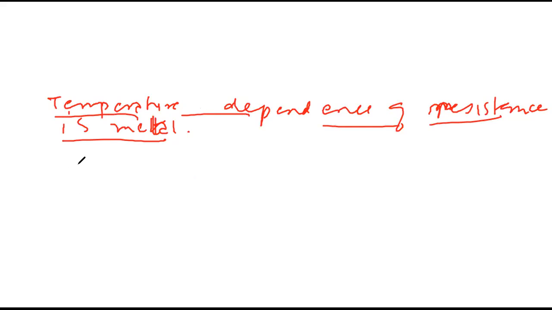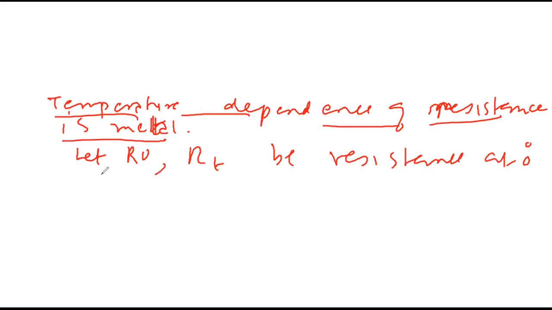So if length is increasing, resistance will increase. If I take R0 and RT as resistance at 0 degrees Celsius and T degrees Celsius, then definitely RT is greater than R0.